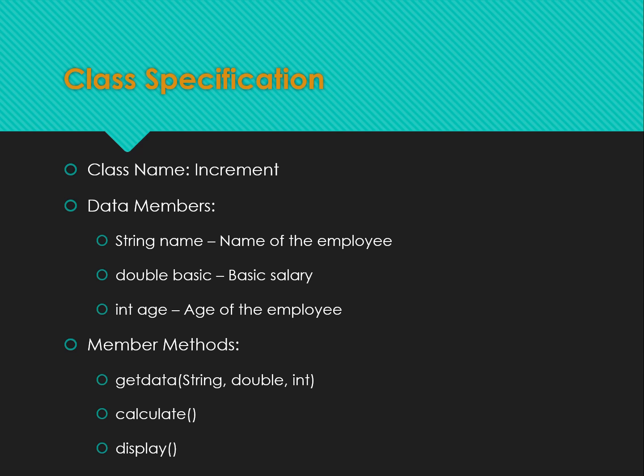The second method, calculate, will determine the correct increment based on the age and update the basic salary. And finally, the display method will output the employee's name, age, and updated basic salary in a clean, tabular format. This structure follows the principles of encapsulation and clean code design.